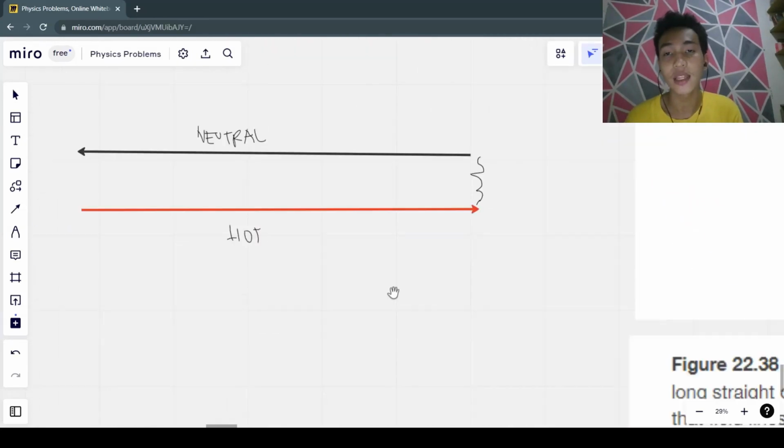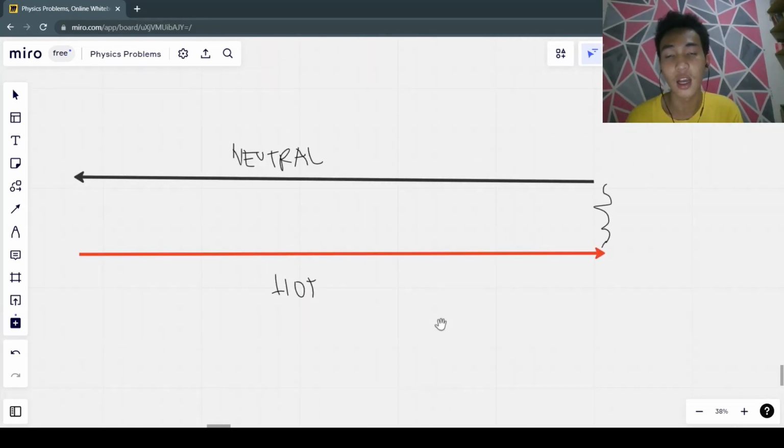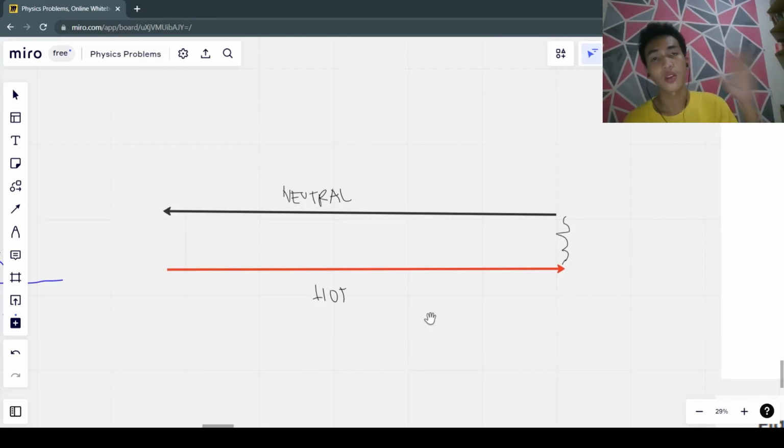If we apply this to the red wire, or the hot wire, we can see that the hot wire is pointing to the right side. So our thumb should be pointing to the right. Our fingers curl as if we are holding a pen, and that pen is the wire. It should look like this, with the thumb pointing to the right. The 4 fingers are the direction of our magnetic field.